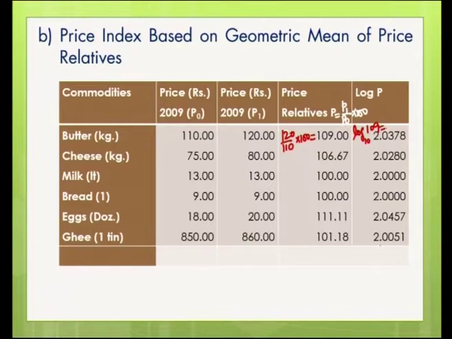Log 109 is 2.0378, likewise all the values are taken into account. This summation log P is equal to 12.1166.